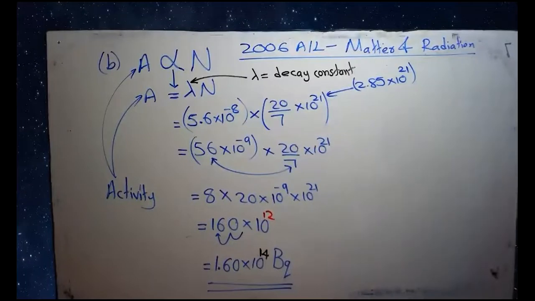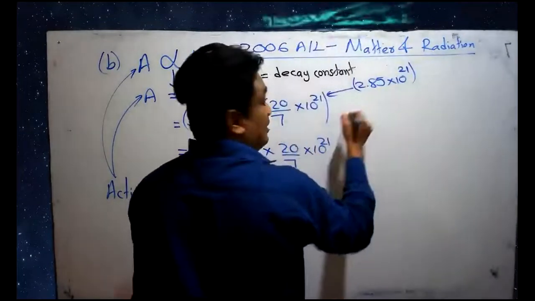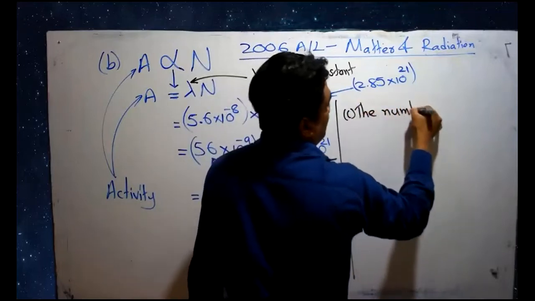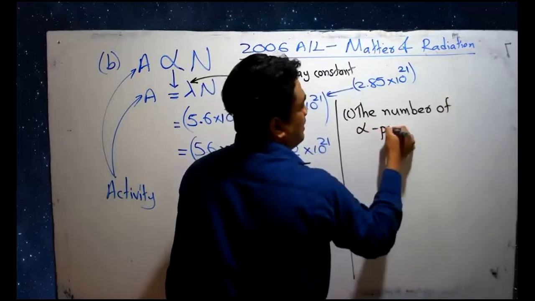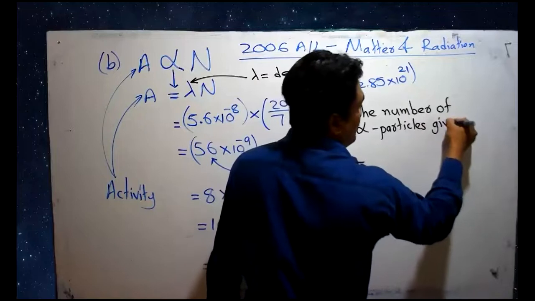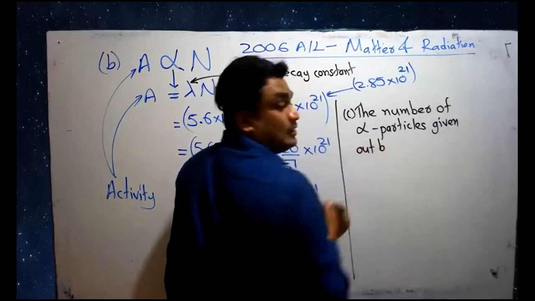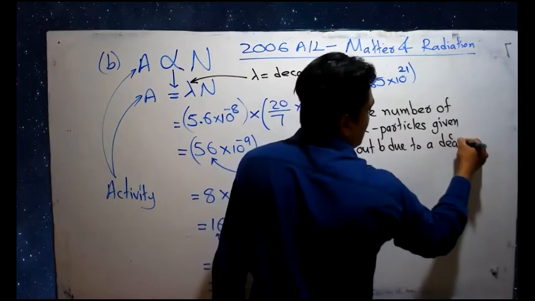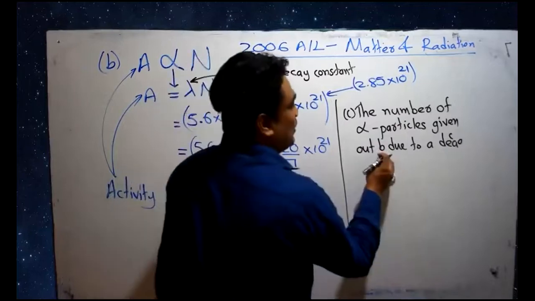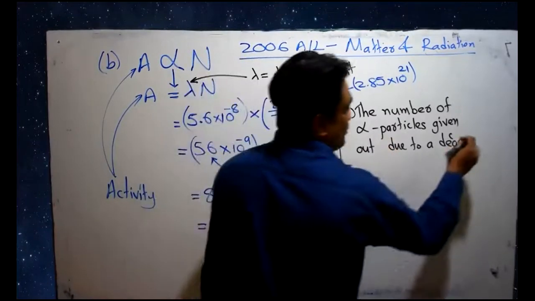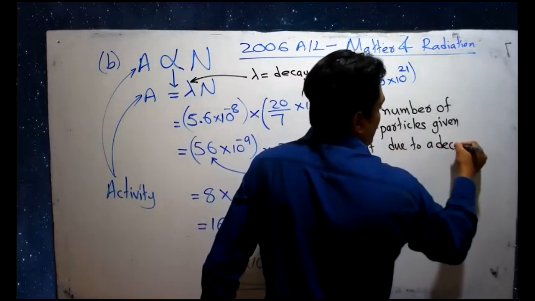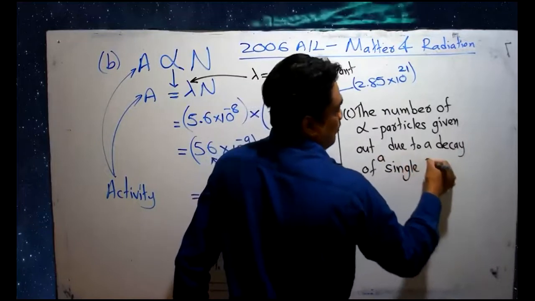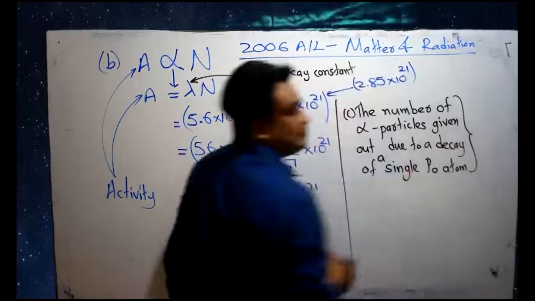The number of alpha particles given out due to a decay of a single polonium atom is one.